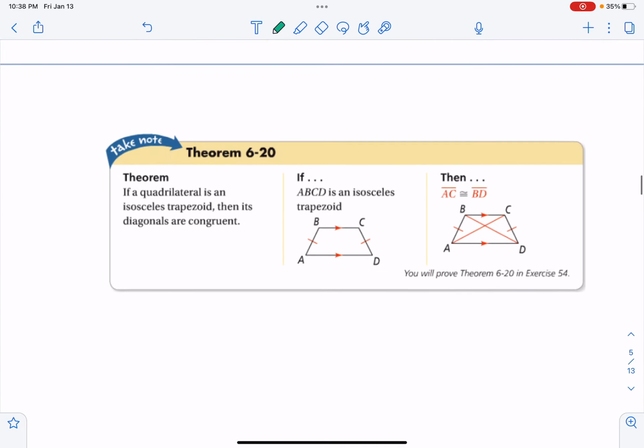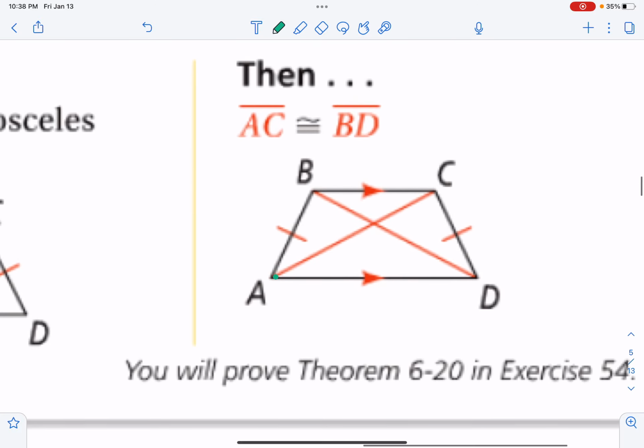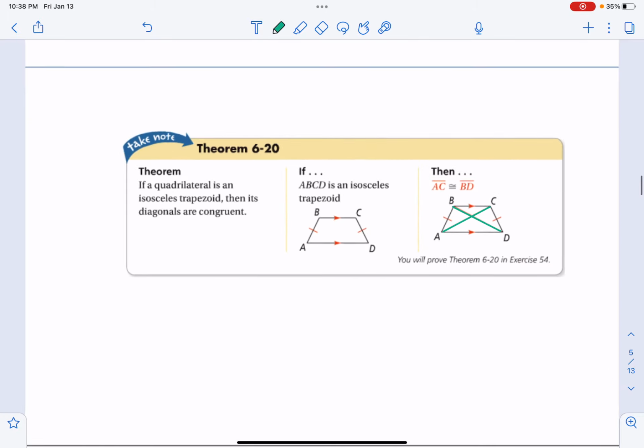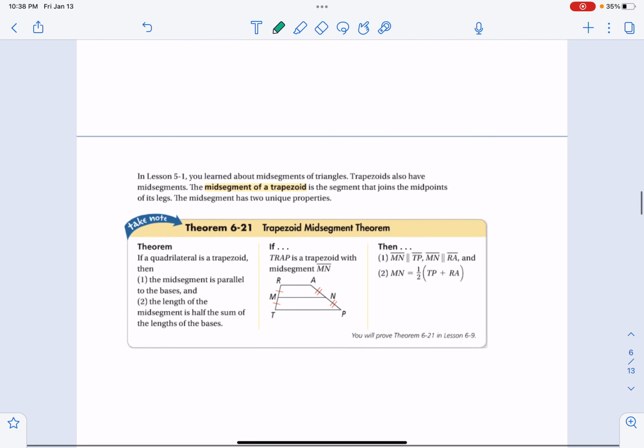The other thing about isosceles trapezoids specifically is same thing as rectangles. These diagonals are congruent. So if one is 12, the other is 12. So if AC is 50, then BD is also 50. So that's specifically about an isosceles trapezoid.